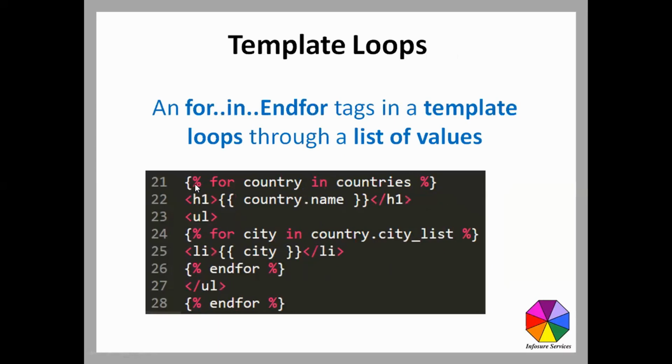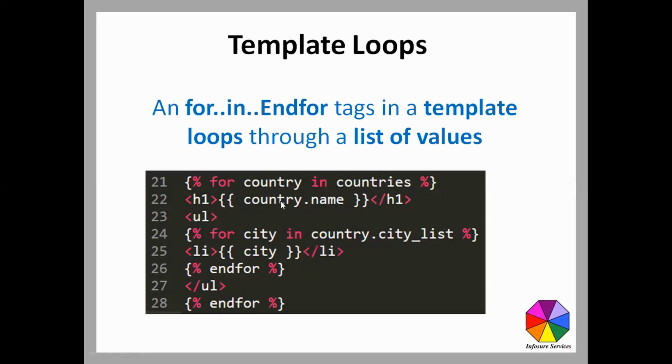So here there seems to be a for loop, the for in syntax. The page is showing various countries, so I'm having a for loop: for country in countries. Okay, it's more like English language. For country in countries, where countries is passed to the page. For each country, when you put two curly brackets, it is country.name.